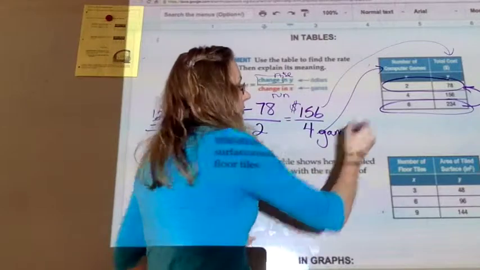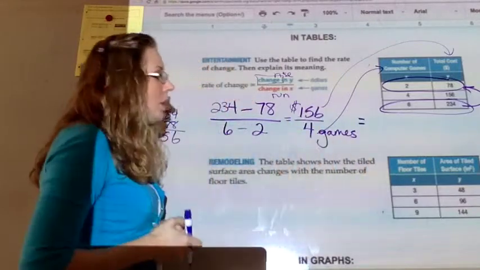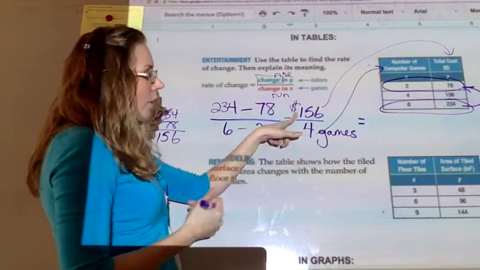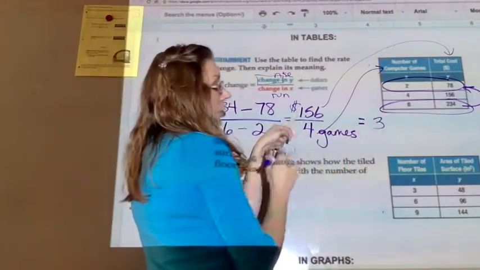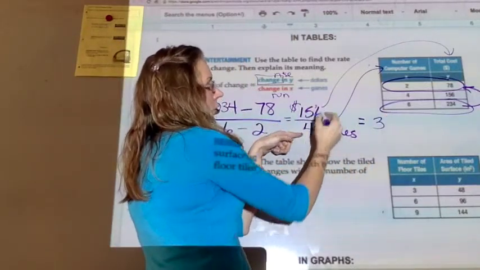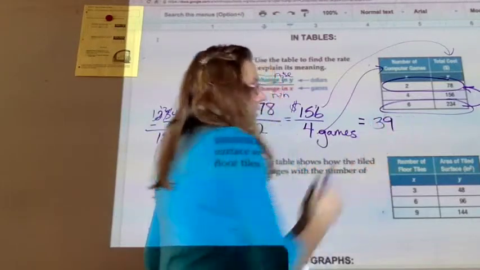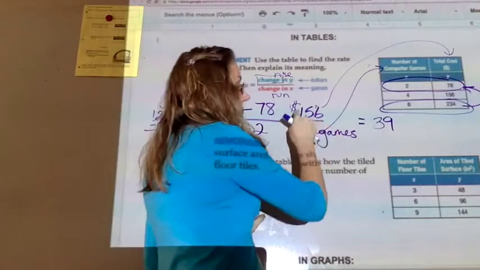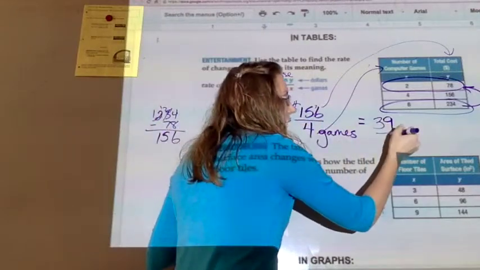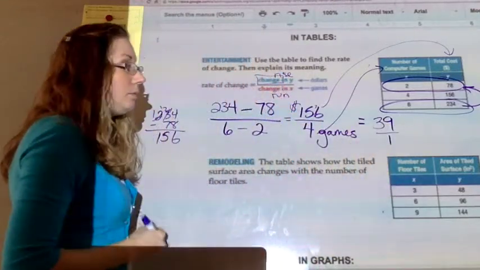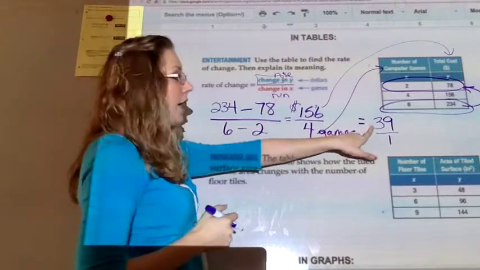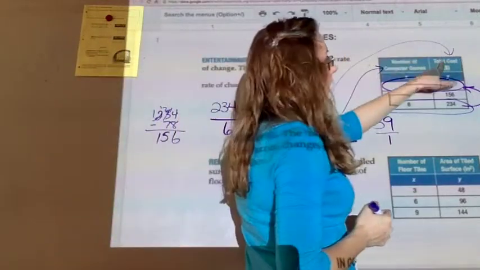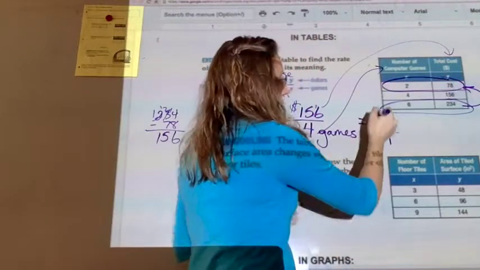Now this can actually be simplified. 4 goes nicely into 156. If you didn't know, you could divide it out. 4 goes into 15 3 times. It's 12. There's 3 left over. 4 goes into 36 9 times. So what this means now is we've simplified it by dividing. This 39 is really over 1. And we can apply the same thing. 39 is our change in y, which is related to our y variable, our total cost, $39.